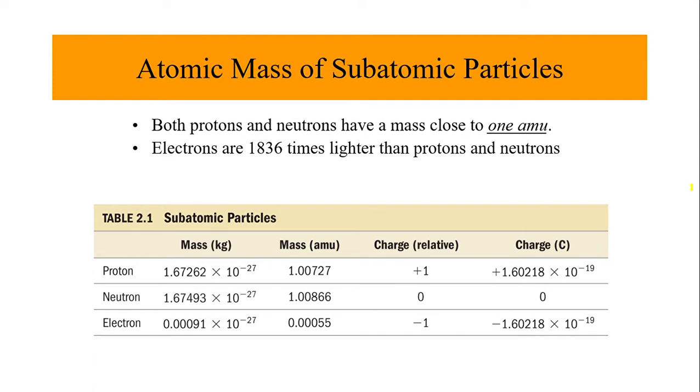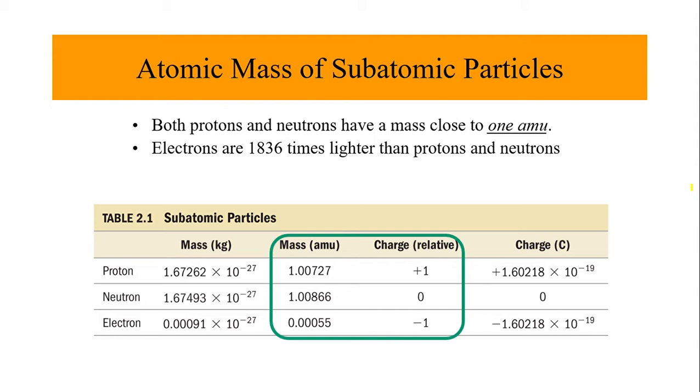So in essence, since an AMU is 1/12 of the mass of a single atom of C-12, that makes it so that protons and neutrons have a mass close to 1 AMU. As you can see here, it's not exactly 1, but the neutron is actually a little bit heavier than the proton, even in AMUs.